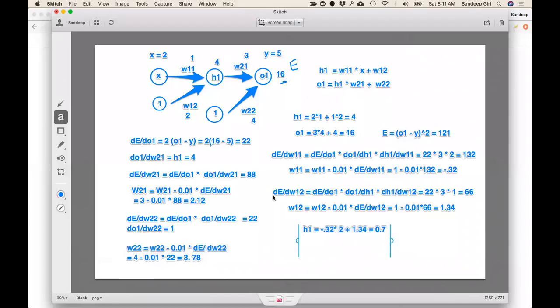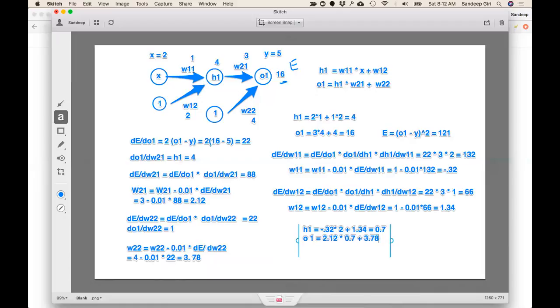Now O1 equals how much? O1 equals W21, what was W21? 2.12, into H1, 0.7, plus W22, 3.78. All right. Generally, at this point we pick up the next values and then do the batch.